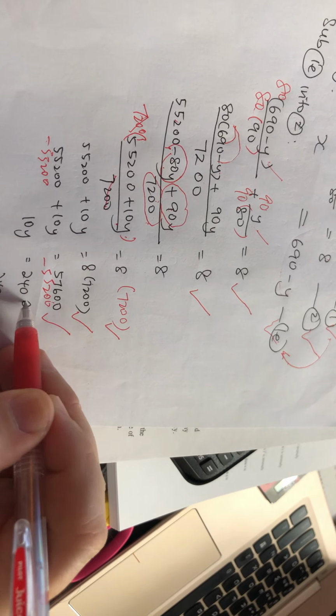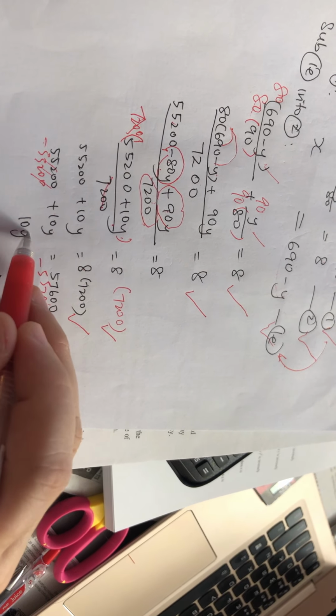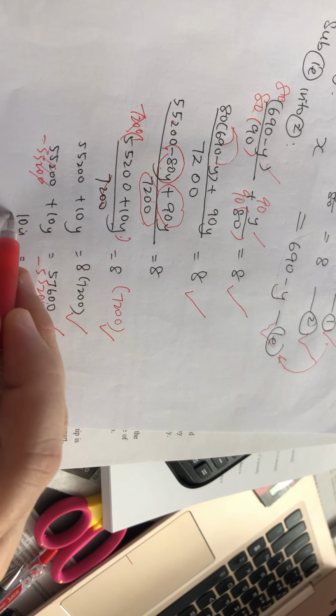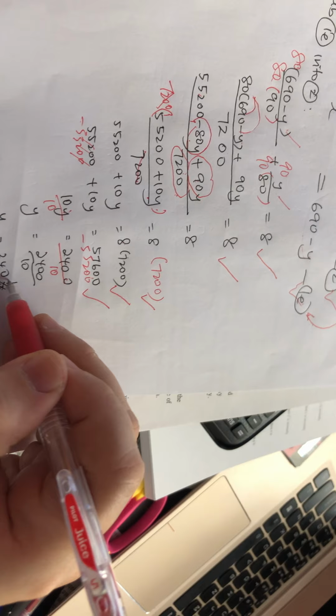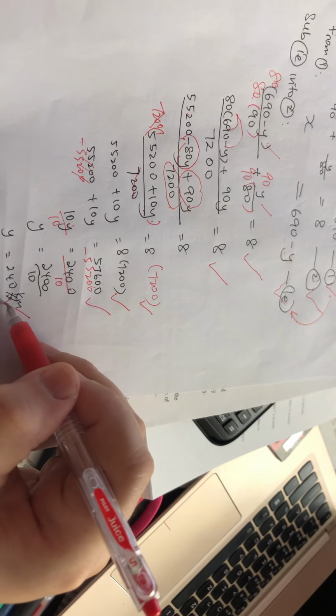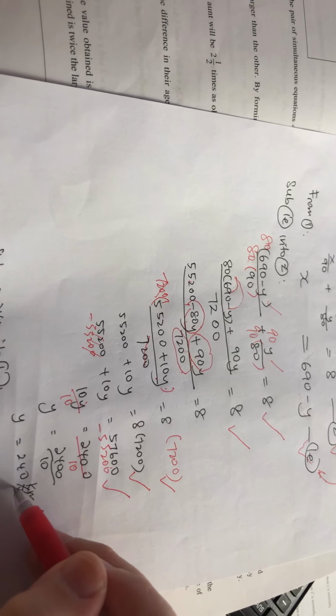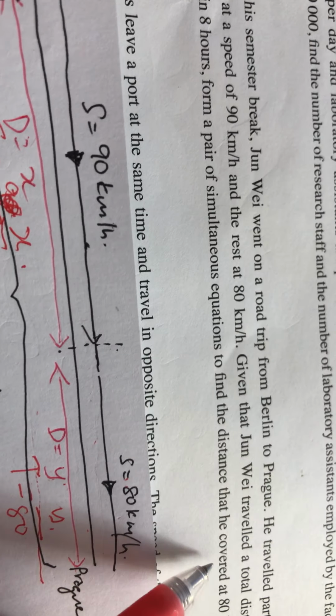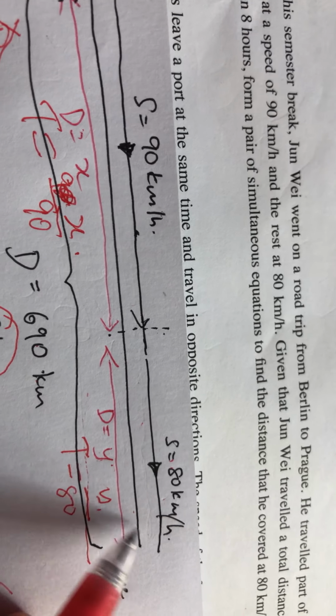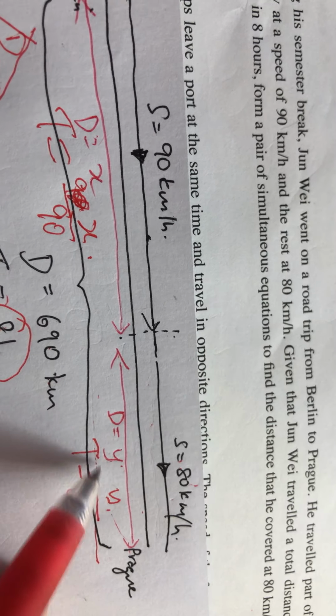This will just disappear and you get 10y. To remove the 10, you have to divide by 10 on both sides, and that's how you end up with 240. Actually, that is your answer, the answer that the question wants, because the question wants to find the distance that he covered at 80 km/h, which is y.